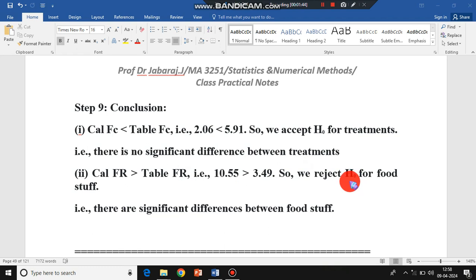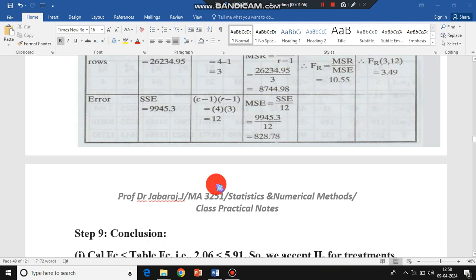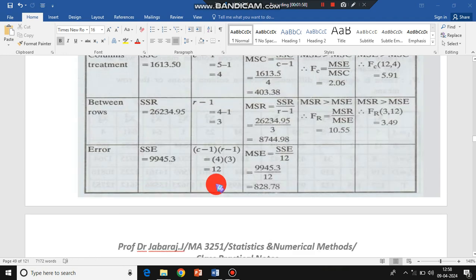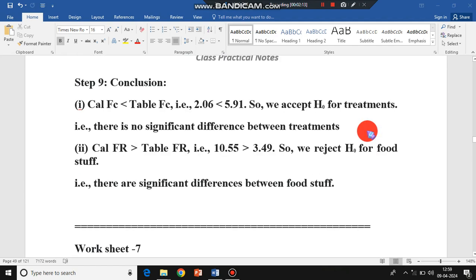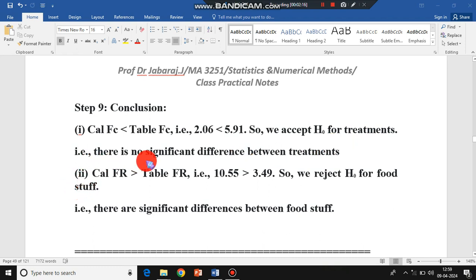H0 for foodstuff is rejected because the calculated value 10.55 is greater than the tabulated value 3.49. If that is the case, we have to reject the null hypothesis.